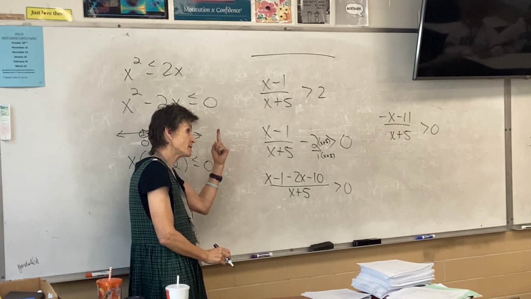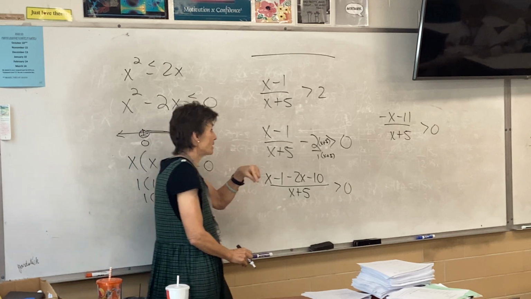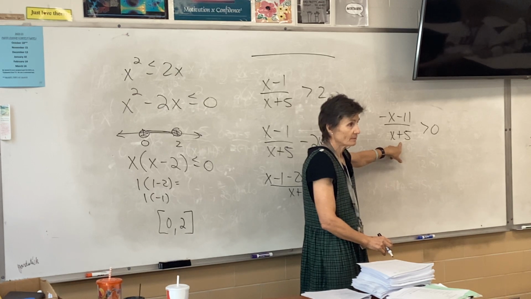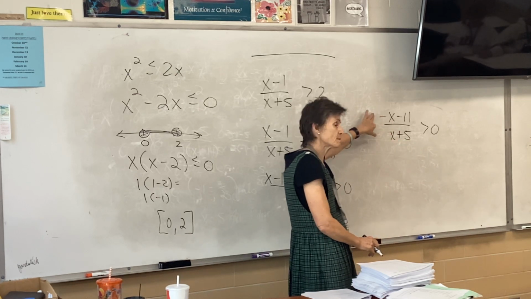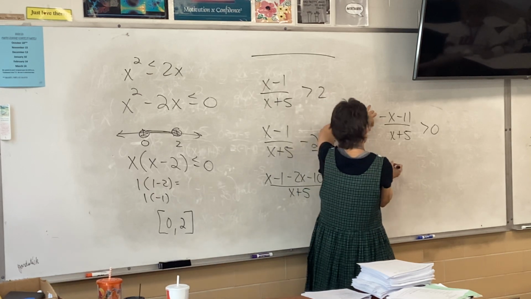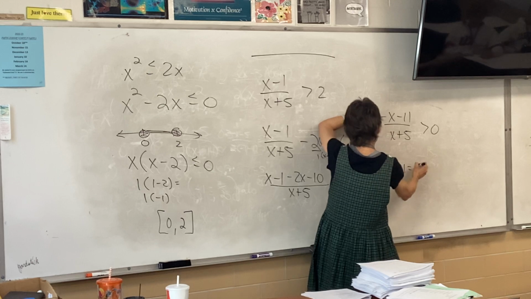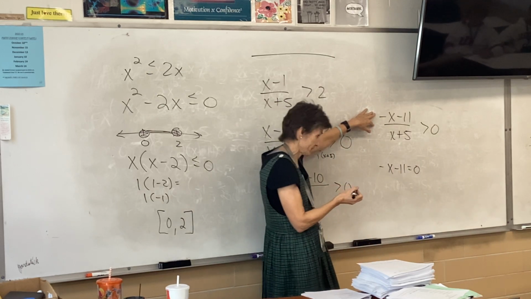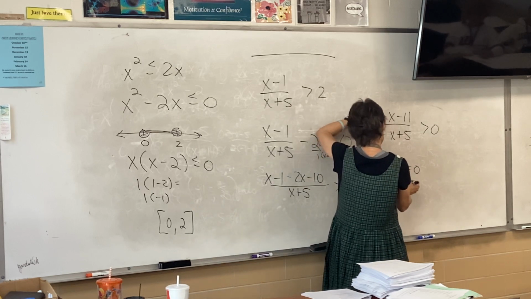You're going to get a dot from the top and a dot from the bottom. The bottom dot's easy. Where's the bottom dot? Negative 5. This confuses me. So what I would do is just set it equal to 0, figure out what makes it equal to 0, and solve it.